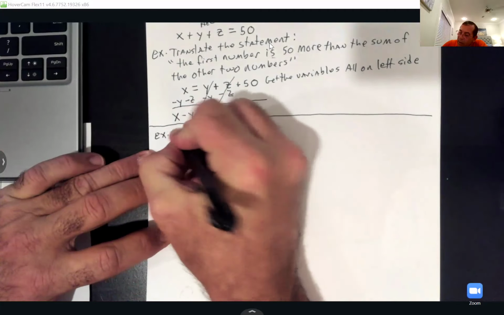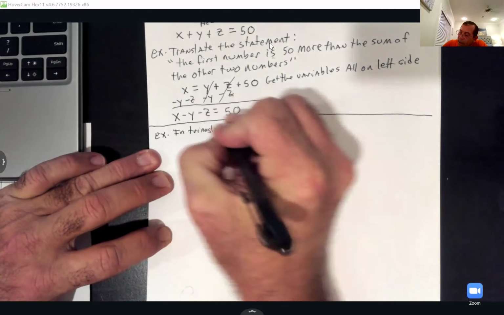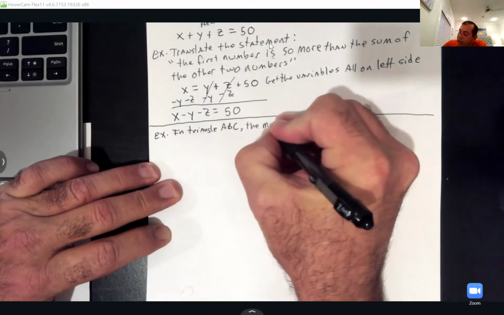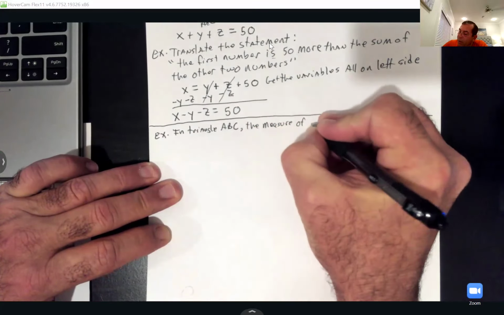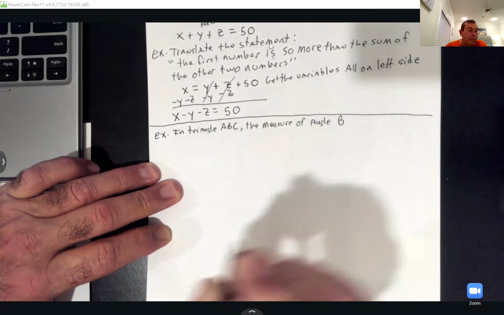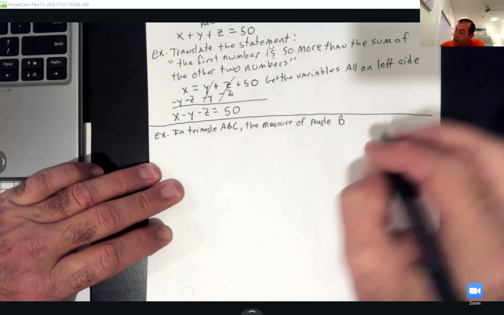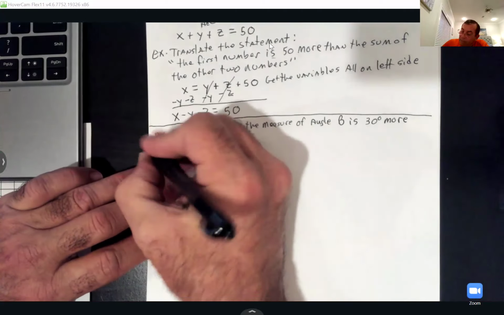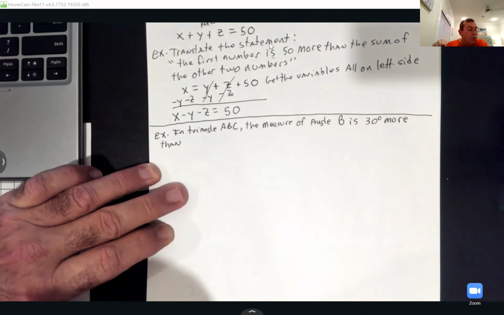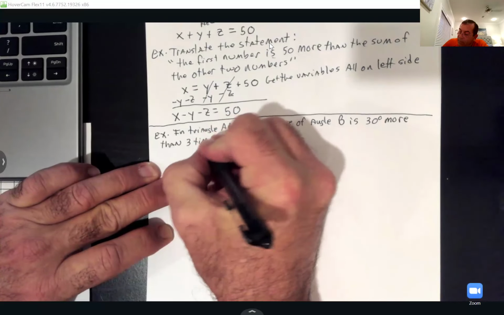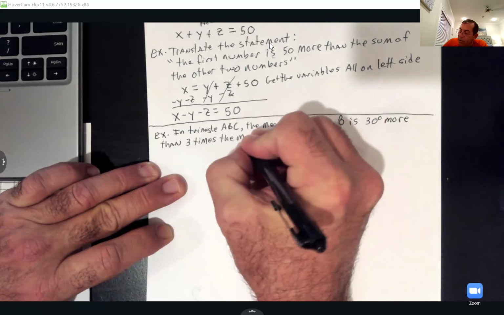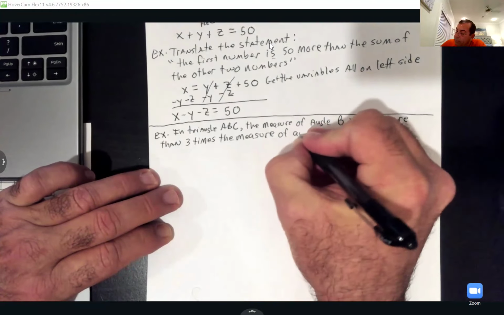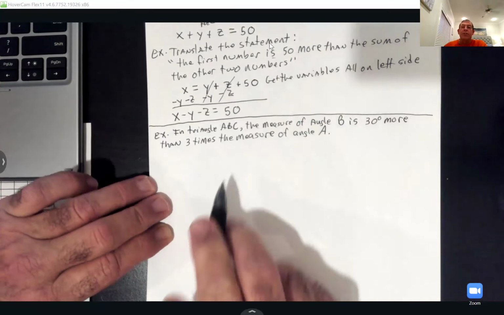So y'all, the first one, in a triangle ABC, the measure of angle B, so the measure of angle B is 30 degrees more than 3 times the measure of angle A. So there's me one equation.